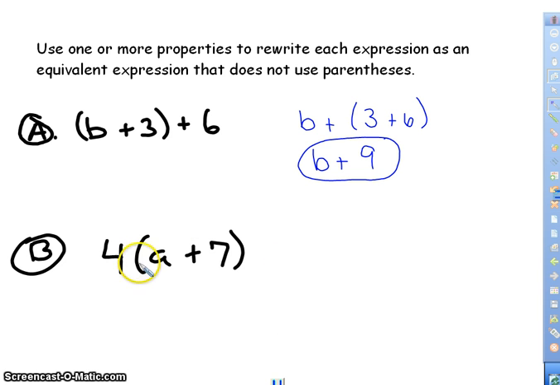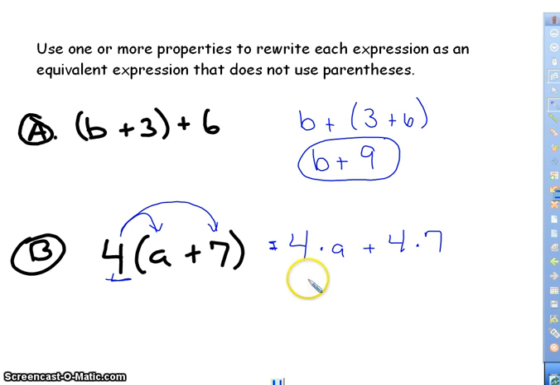Okay, the next one, it has a multiplication and addition. So this cannot be the associative property. It has to be the distributive property. So I can rewrite this by taking the 4 and distributing it to the a and to the 7. So I'm going to rewrite this as 4 times a, this is my equal sign, plus 4 times 7. And I'm going to, once again, simplify if I can.